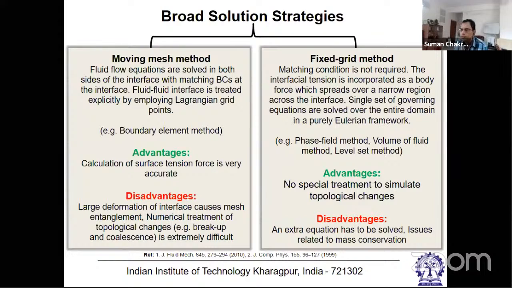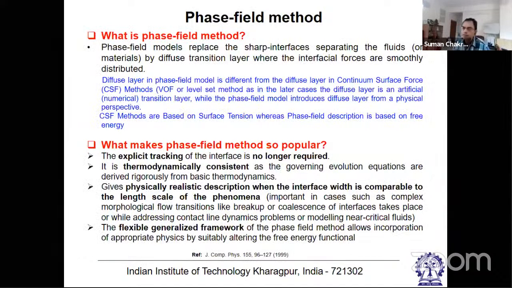There are large classes of methods where this Eulerian framework is used, like the volume of fluid method and level set method, and the phase field method is one such method.